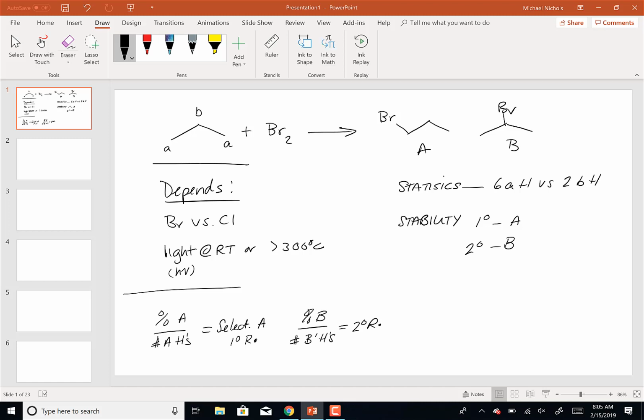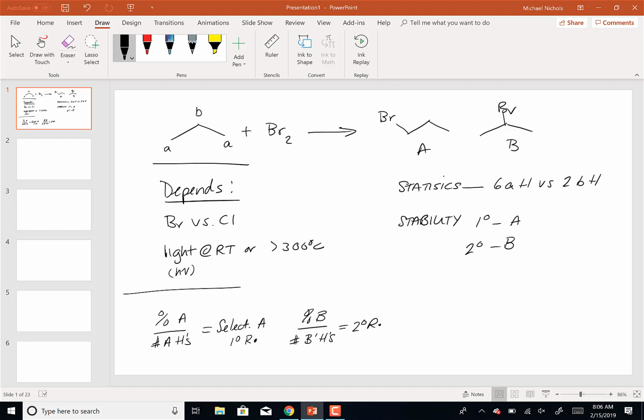Now, these are absolute numbers and they can't be determined, is the problem. But I can determine the ratio of forming the secondary radical versus forming the primary radical. And so I just simply divide these two together.